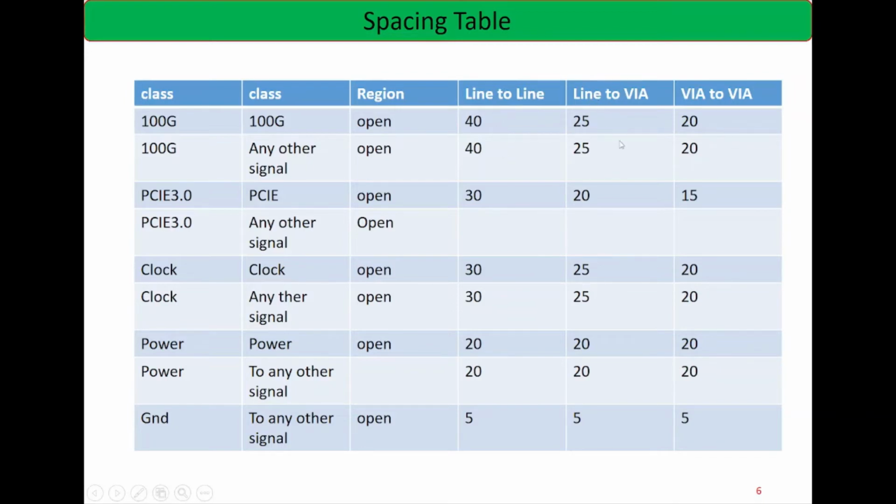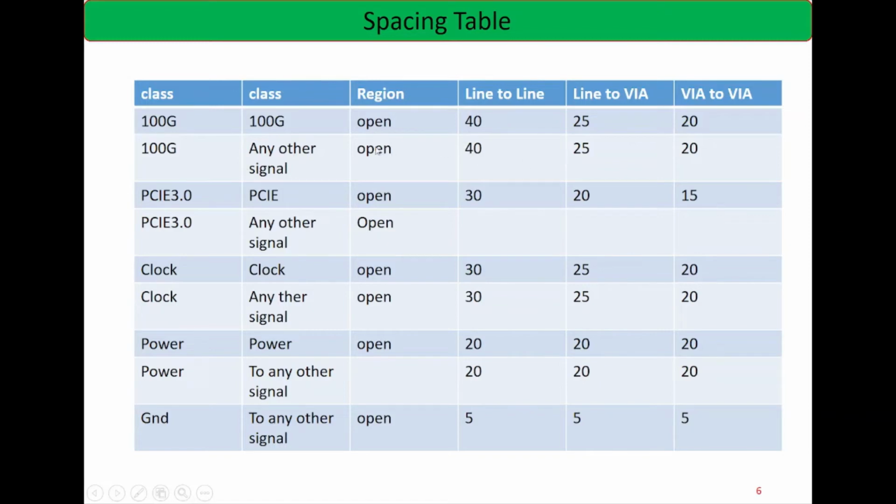Line to via, what should be the spacing? Or via to via, how much should be the spacing? Again 100G signal to any other signal in the open region, 100G to 100G, or 100G to any other signal. These are high speed signals, so you need to have some bigger spacing.